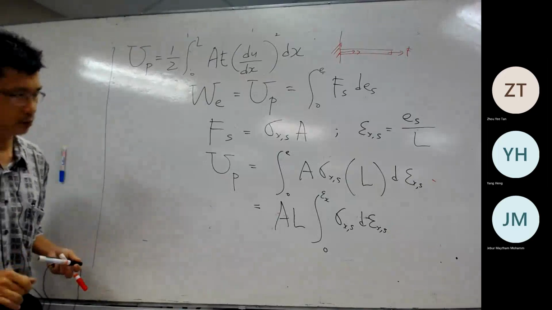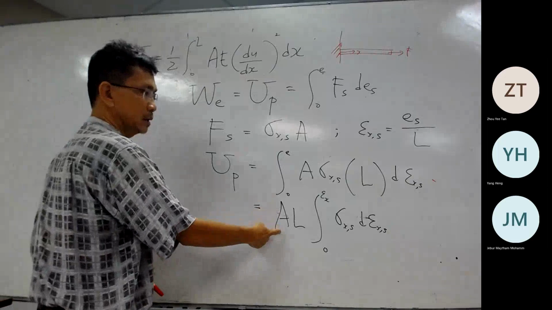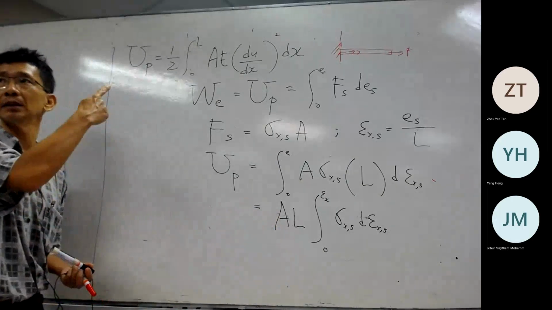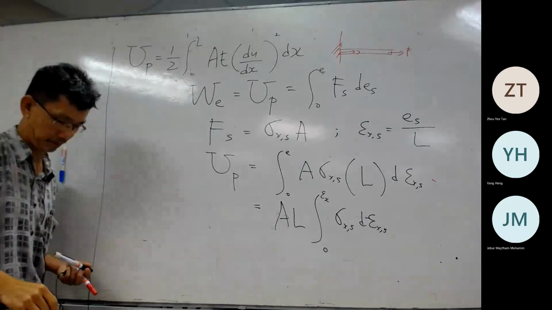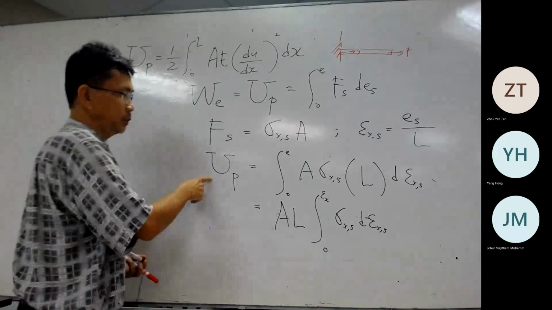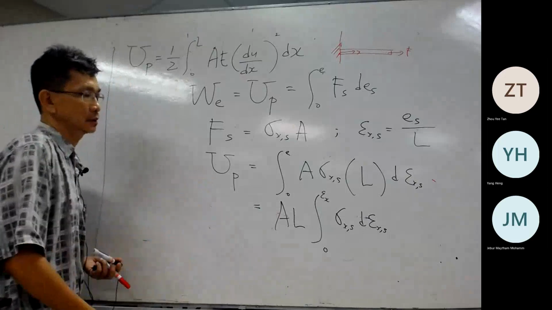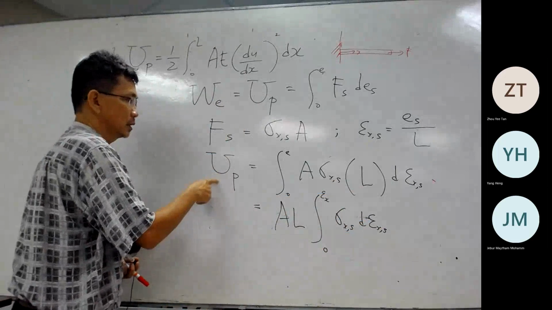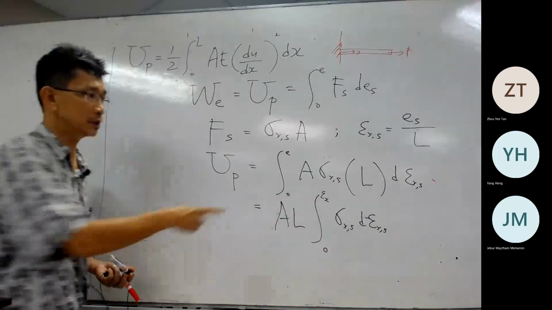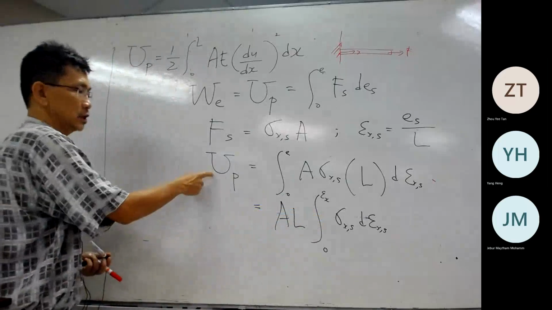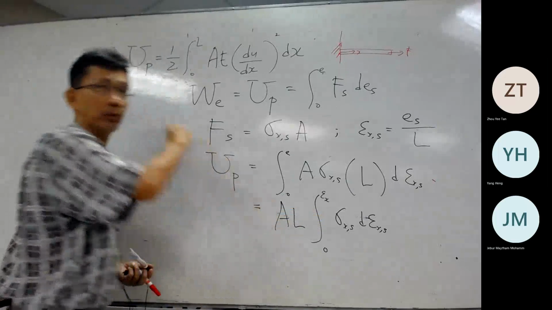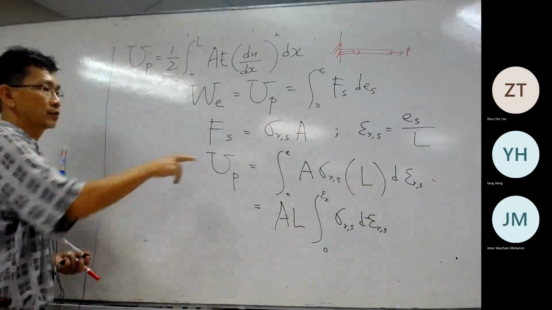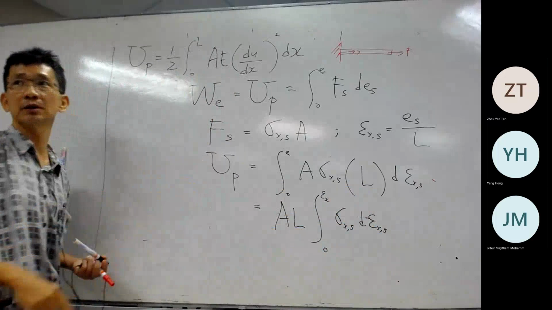Now, what I would like to show here is this AL is volume of the bar. So Up is a strain energy. This strain here is strain energy, this is volume of the body of the bar. So these terms here can be understood as strain energy per unit volume.